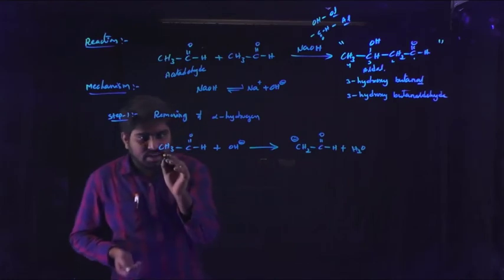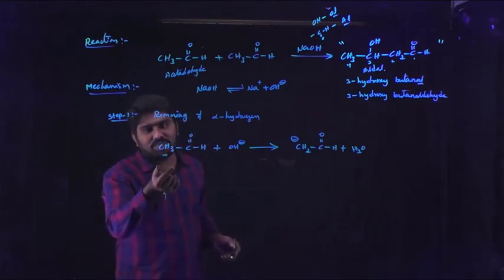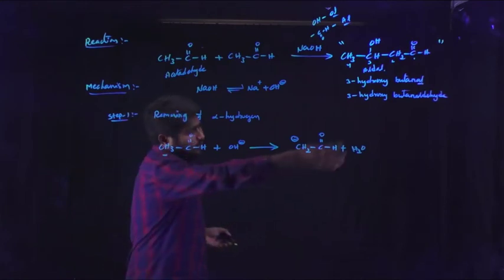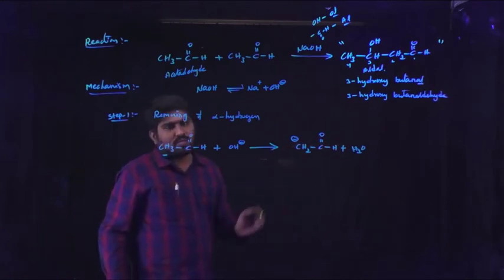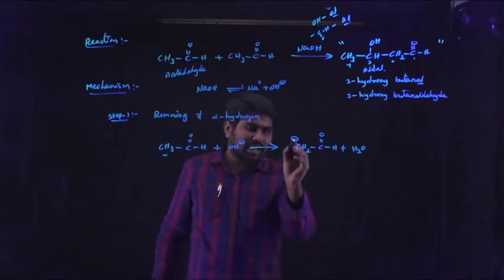Here there are 3 hydrogens present. This OH minus can abstract a proton from the alpha carbon atom and leaves as a water molecule, and H plus is removed. Then the carbon has a negative charge.